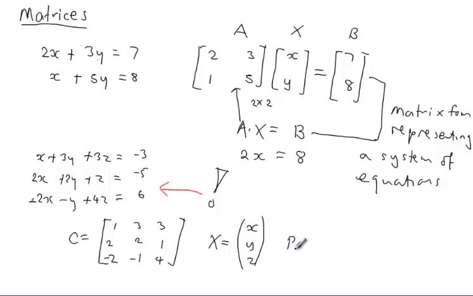And then the independent terms will be what? Minus 3, minus 5, 6. Is that right? Then we've got C times x equals B. That's that system in matrix form.